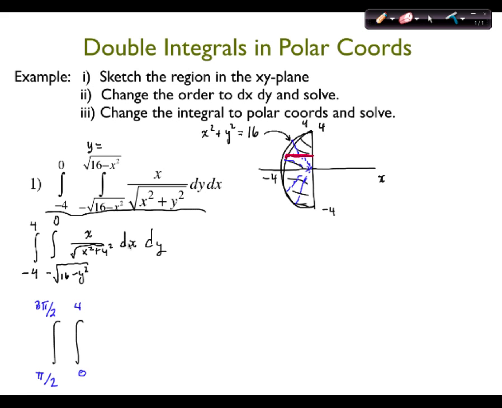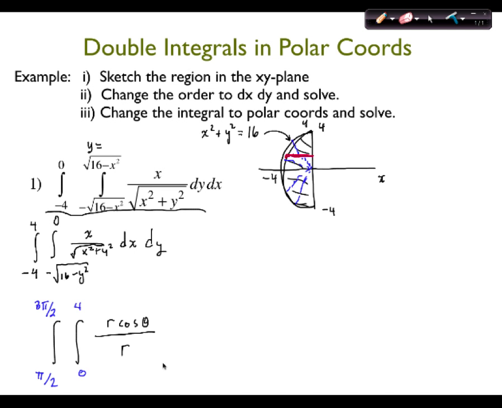Okay, now we have to rewrite this, x over square root of x squared plus y squared, in terms of polar coordinates. What is x? So we got r cosine theta, right? Before we plug in, let's think about the square root of x squared plus y squared. That's just r, the hypotenuse of the triangle with x and y as the legs, because r squared equals x squared plus y squared.